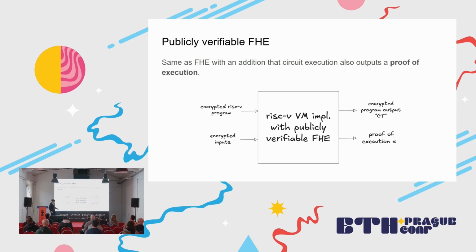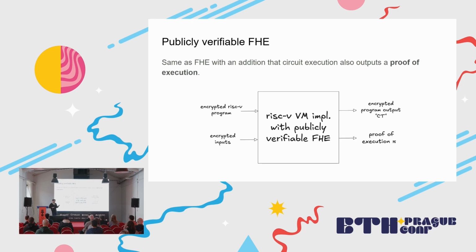So what is publicly verifiable FHE? Well, it's pretty simple. You modify the FHE scheme so that instead of just executing on encrypted data, it also produces a proof that I've executed the FHE circuit correctly. Why do we need this?